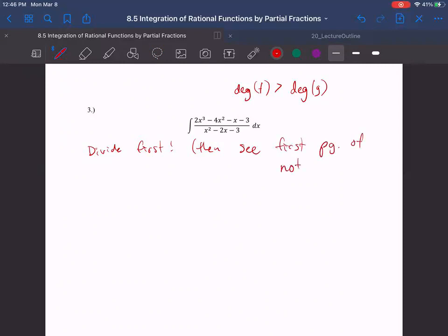And then you'll say, thanks for pointing that out to me, because otherwise you're redoing something. You should end up with what we did on the very first page. If you don't, then you've done the division wrong. Go through, do that, and it should turn out nice for you.